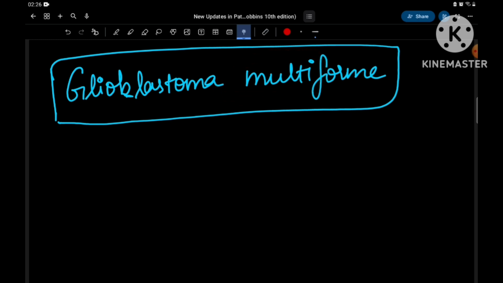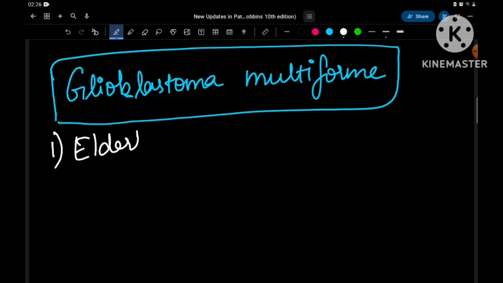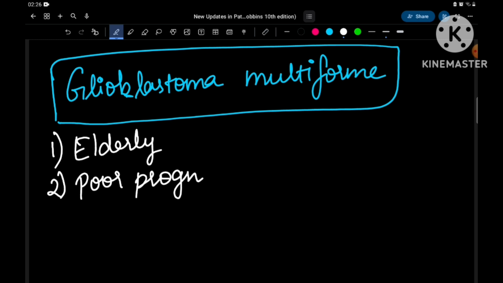Does it affect multiple organs? You might get many questions like that. So let's just discuss a summary. It mainly affects the elderly, and it has a poor prognosis, as you guessed.